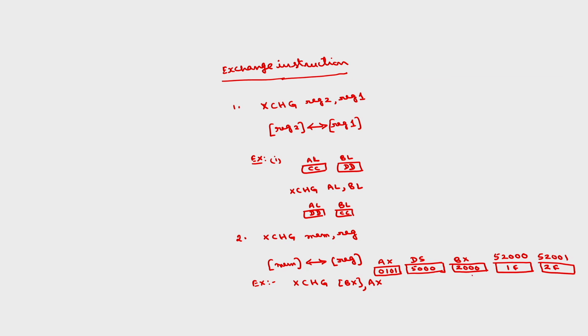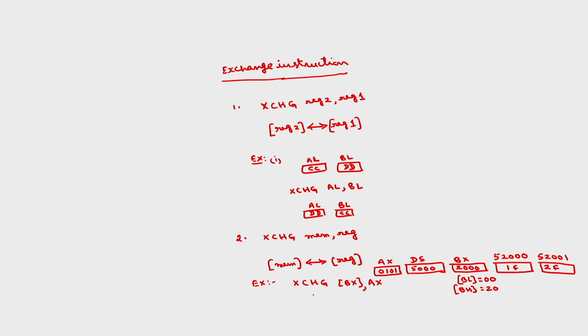These 8 bits will be BL and these will be BH. BL will have 00, and BH will have 20. The lower order contents are 1F, and the higher order contents are 2F.